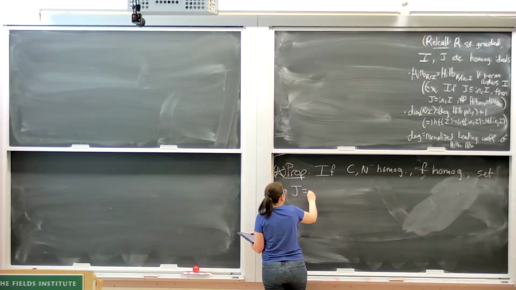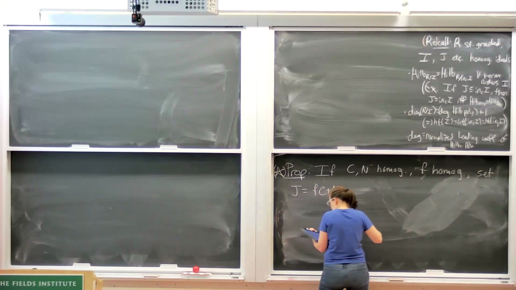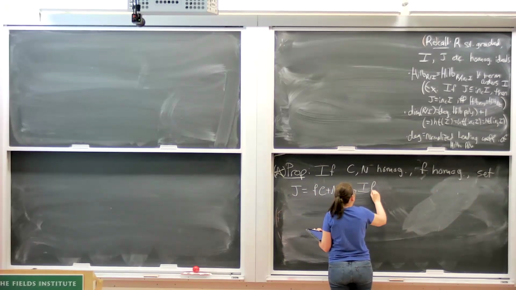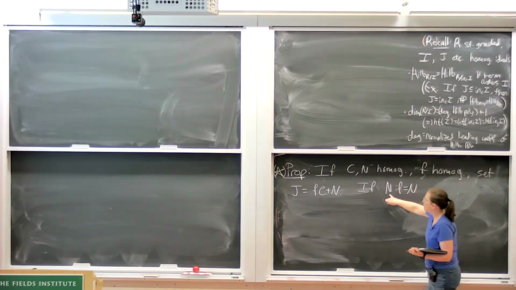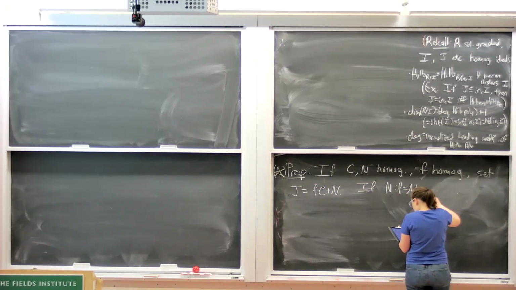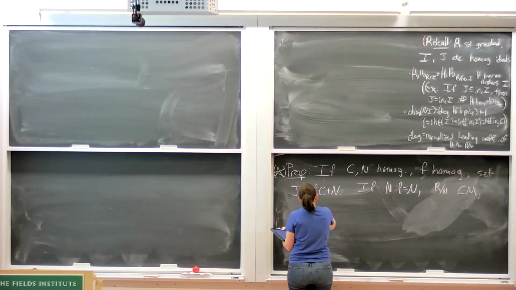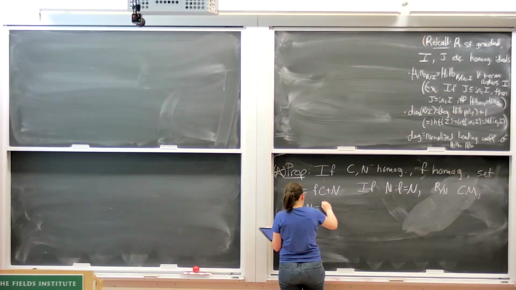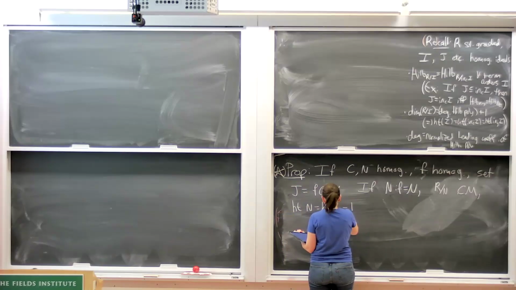Set J to be C plus N. If F is a regular element modulo N, so a non-zero divisor modulo N, equivalently this colon, nothing knocks F into N that wasn't already in there. R is the ambient ring. If R mod N is Cohen-Macaulay, and height N equals height C minus 1, sorry, yeah, N is smaller.